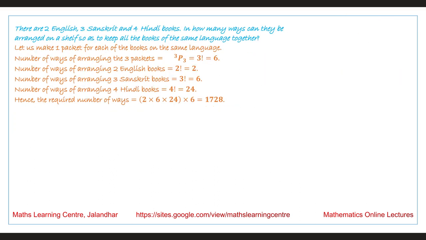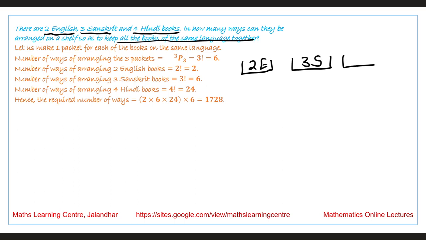Next is, there are 2 English, 3 Sanskrit and 4 Hindi books. In how many ways can they be arranged on a shelf so as to keep all the books of the same language together? So we have 2 English books, 3 Sanskrit books, and 4 Hindi books.